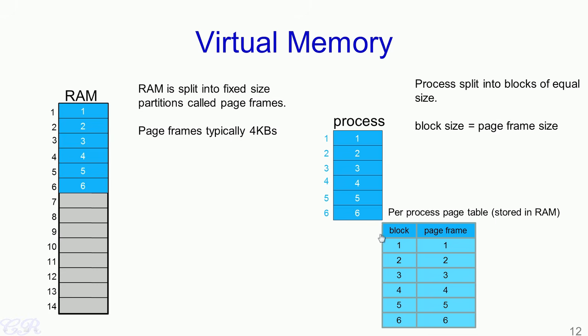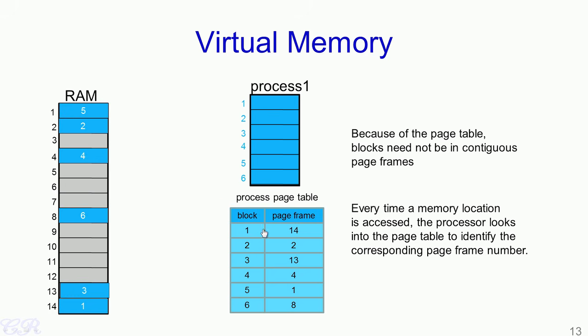I would like to highlight again that this is a per process page table. Per process means that every process running on the system will have a similar page table. Because we have such a table providing the mapping between blocks of a process and page frames, we could have any kind of mapping that we choose.